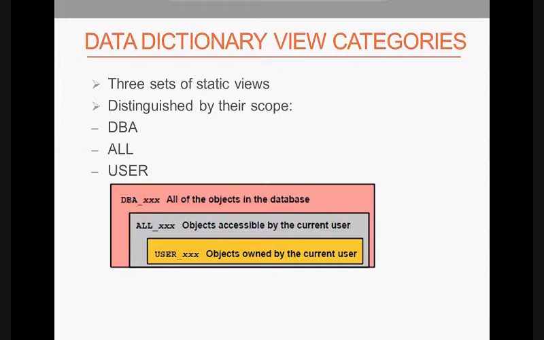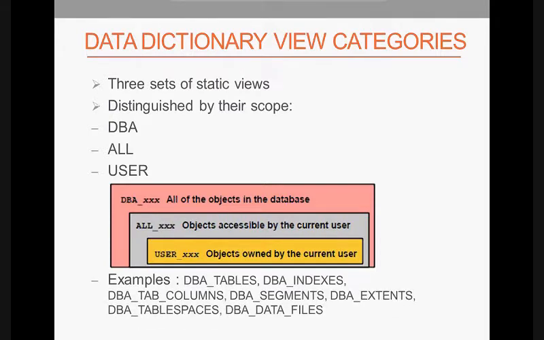ALL contains the objects accessible by the current user, and the USER-prefixed tables contain data only about objects owned by the current user. Some examples are DBA_TABLES, which shows information about any table, DBA_INDEXES, which tells information about all the indexes, DBA_SEGMENTS, and so on.